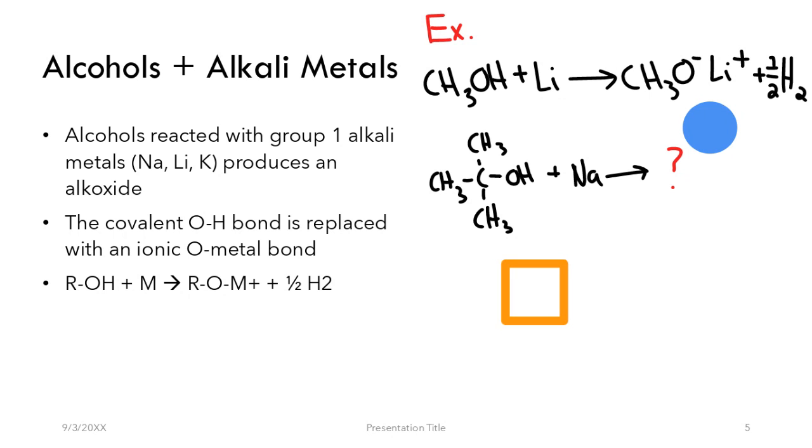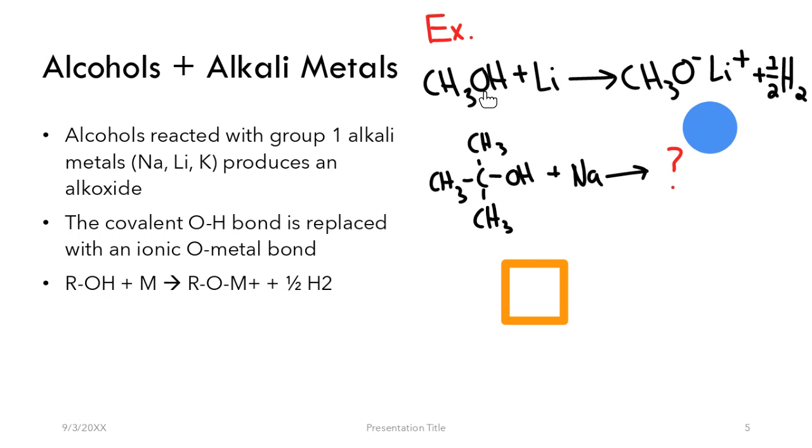So only one hydrogen comes off, but you need to write it like this because hydrogen is not stable by itself unless it's in H2. That's why you write it like this, even though it's just one hydrogen. This example up here is methanol, right? When I react methanol with lithium, I just replace that hydrogen with the lithium.